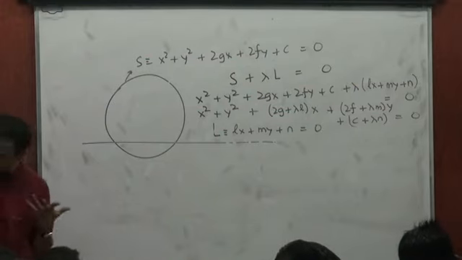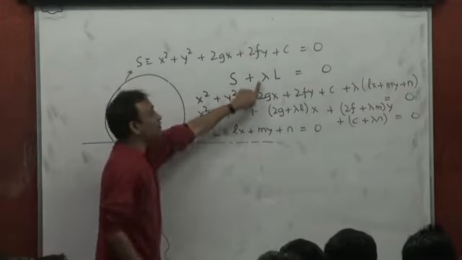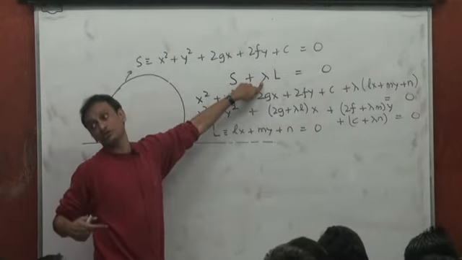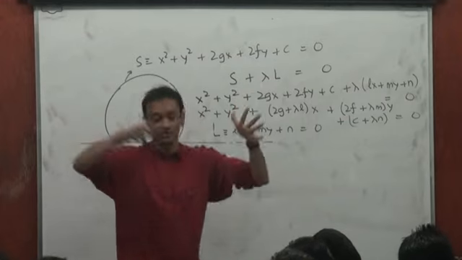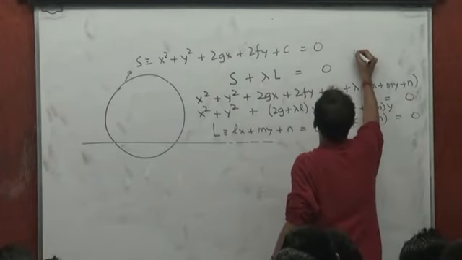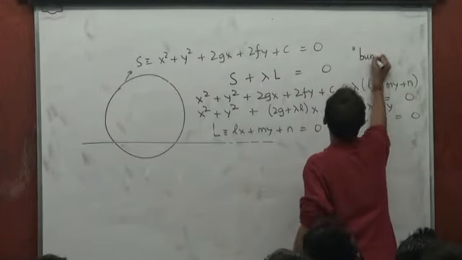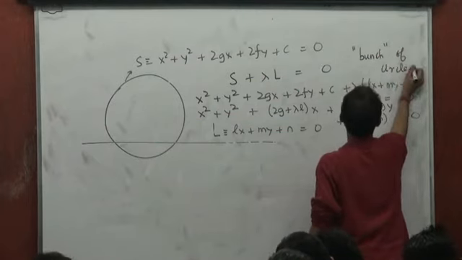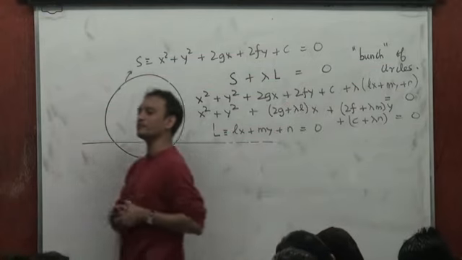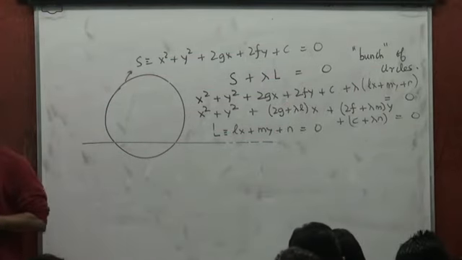For different lambdas, you will get different circles out of it. Yes or no?